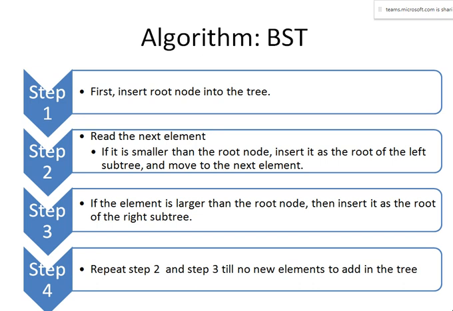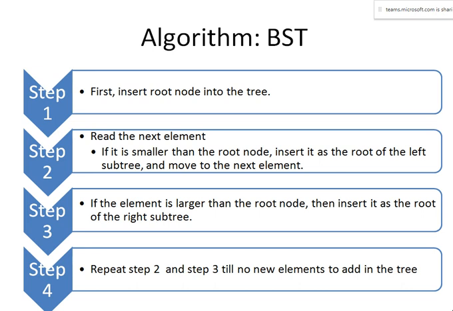Now here is an algorithm. Step 1 states that first you need to insert the root node in the tree. You need to place the root node in the tree. Step number 2, read the next element. If the next element is smaller than the root node, insert it as the root of the left subtree and move to the next element.